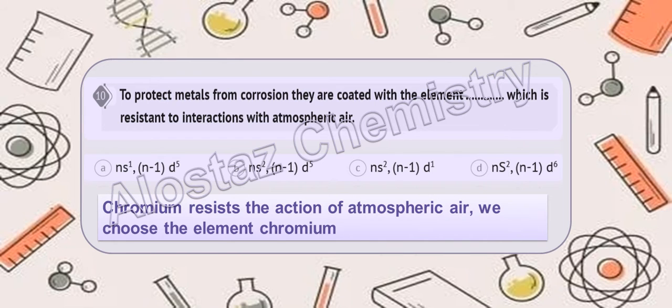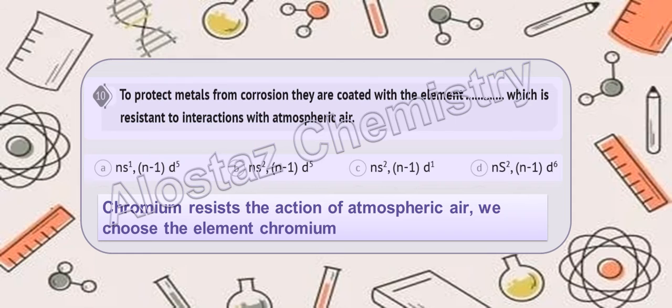That is the main behavior of chromium. As we said in the previous question, chromium resists the action of atmospheric air or makes a layer that acts like a block for the reaction with air. So we choose the element chromium, with atomic number 24.